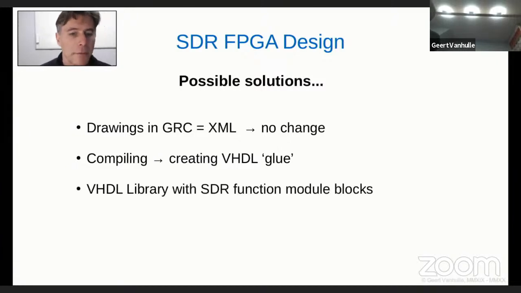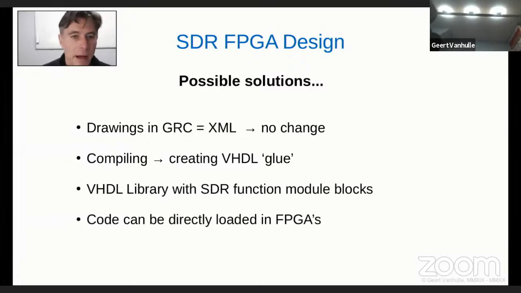and have a library of VHDL blocks with all the software-defined radio functions, so that you would have a VHDL block FIR filter, VHDL block QPSK modulator, and so on, that you have the whole identical library as in GNU Radio Companion available inside this kind of system, that you could make the drawing, compile, and get these VHDL blocks glued together via VHDL glue.